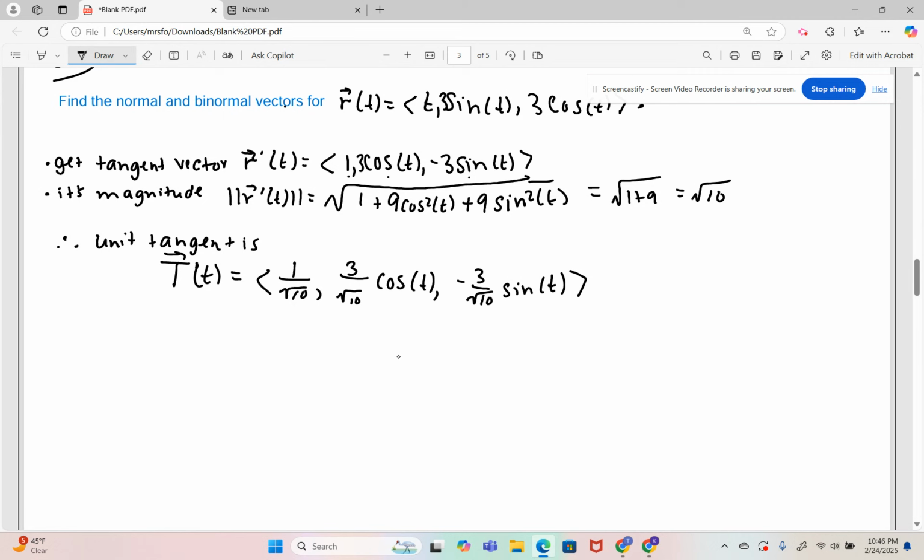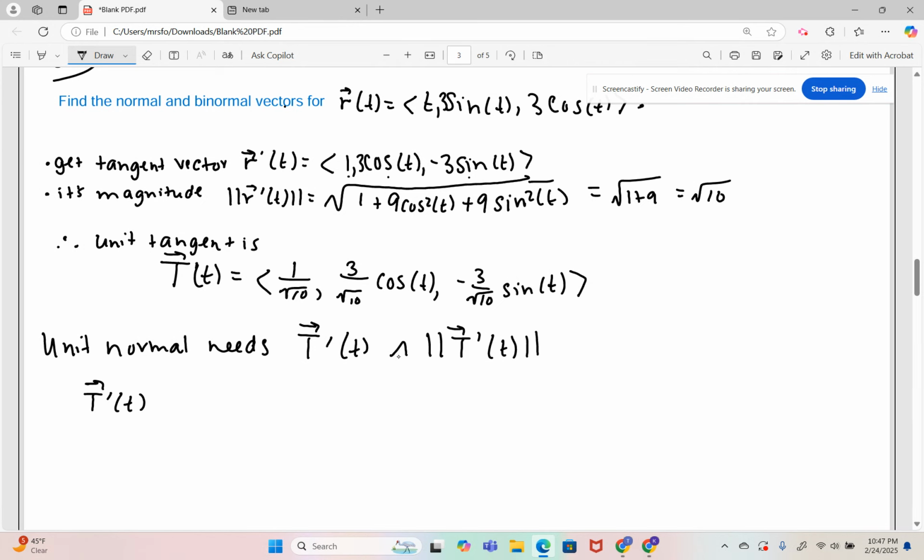So unit normal needs us to find the derivative here and its magnitude. Okay?